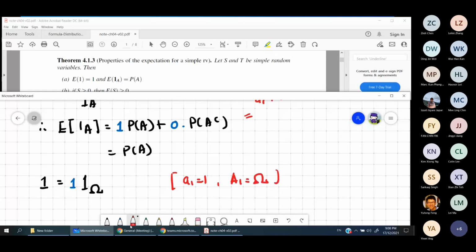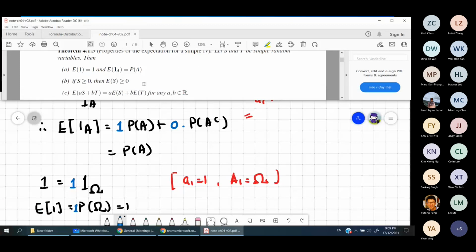So then we can directly get E of 1 will be P of omega, so that will be 1. In fact, it should be 1 multiplied by P of omega. Okay, so I think this is quite clear. If S is non-negative, then E[S] will be non-negative.